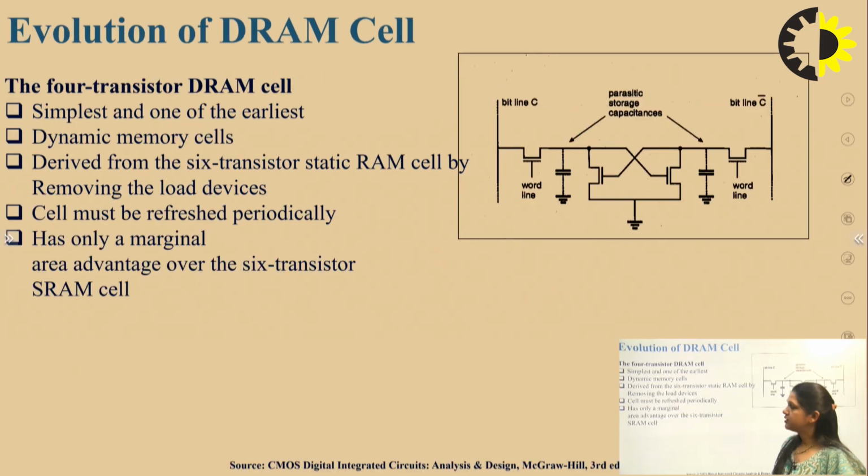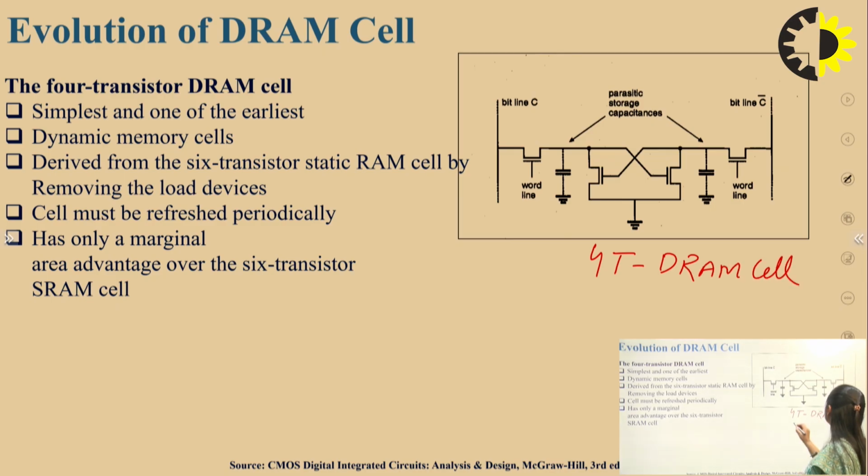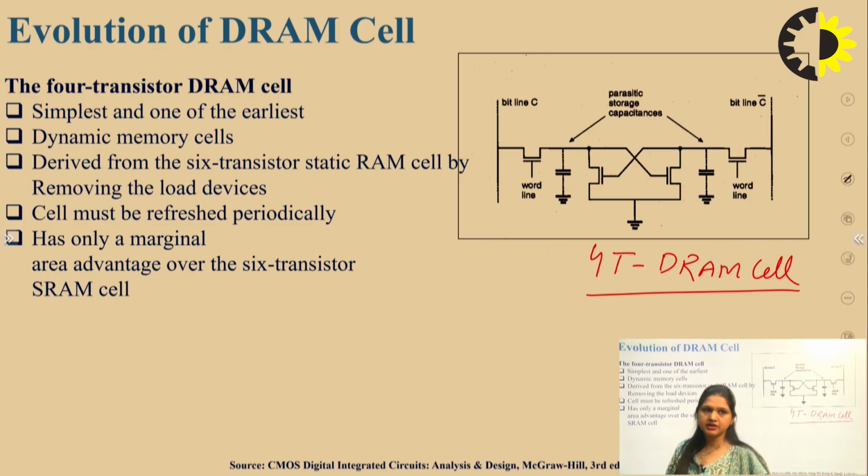Now come to the evolution of the DRAM cell. This is the first and very popular design of DRAM cell, which is known as the 4T DRAM cell. There are 4 transistors in this circuit. This is the simplest one.